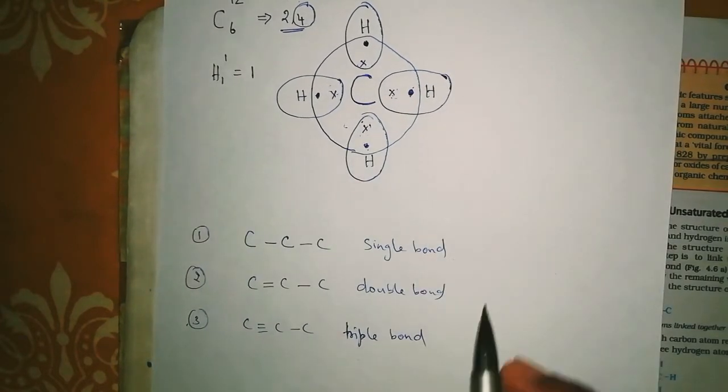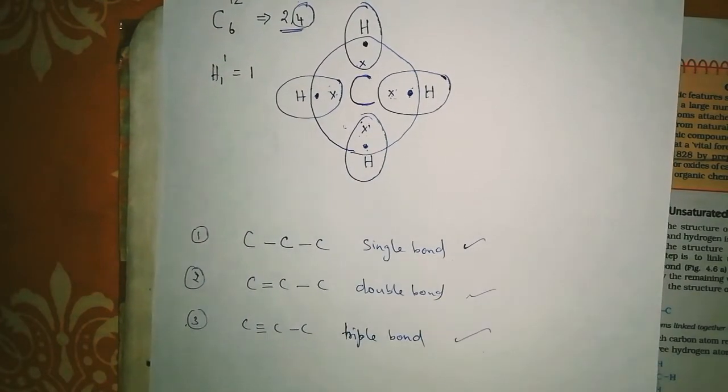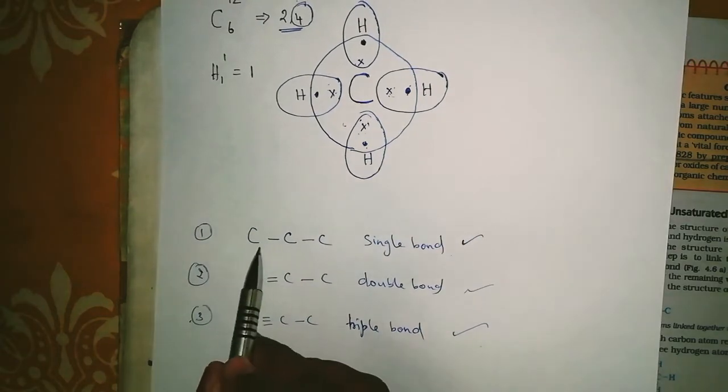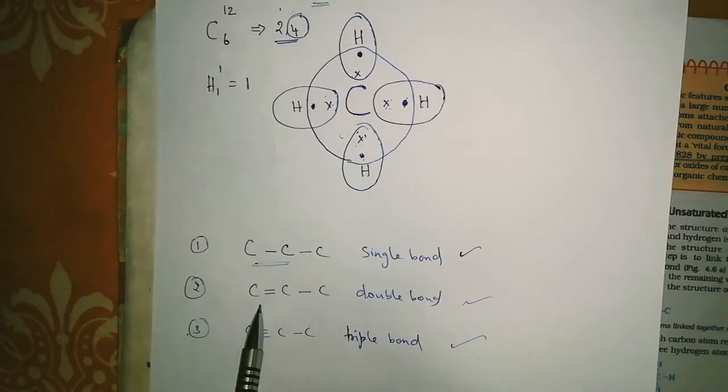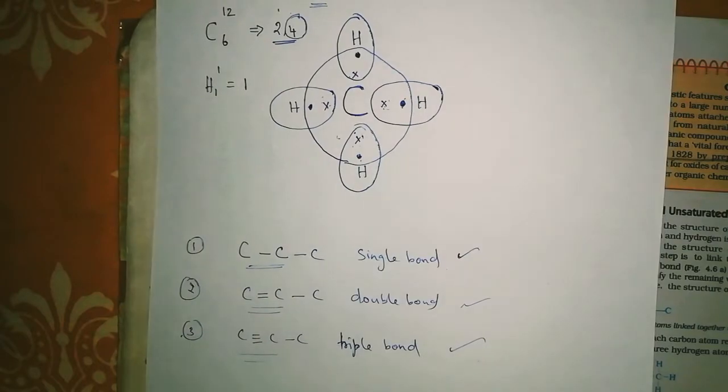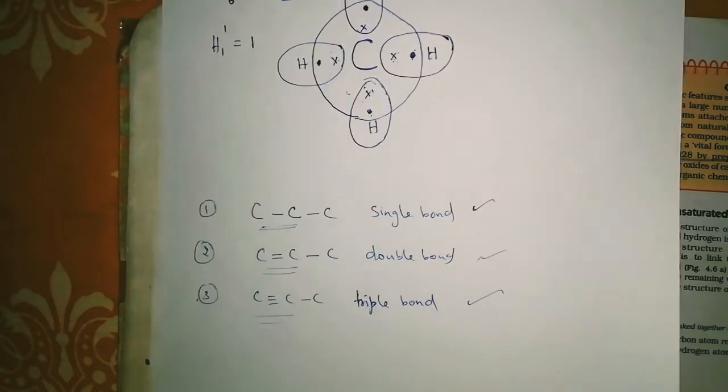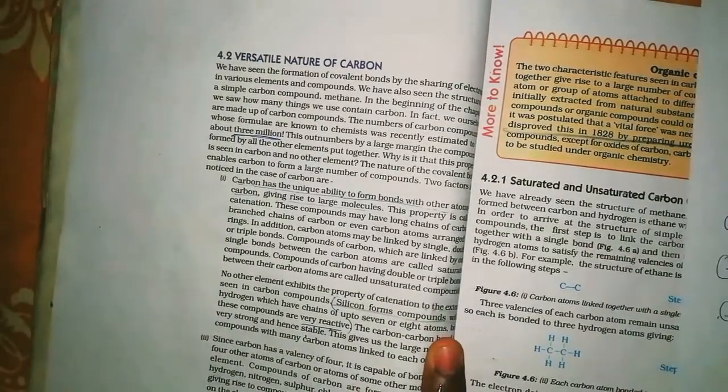So carbon can do this. That means they combine with another carbon with a single bond, double bond, as well as triple bonds. Keeping all these things in our mind, this is the unique property. No other elements can do that.